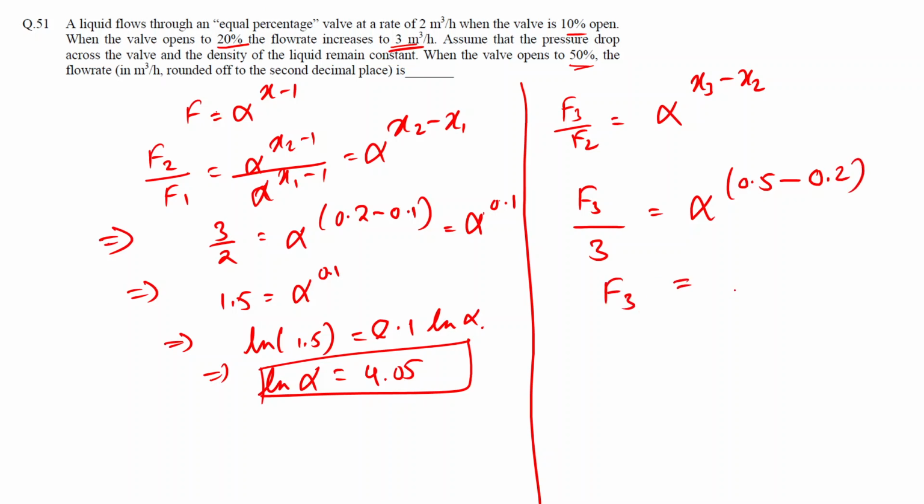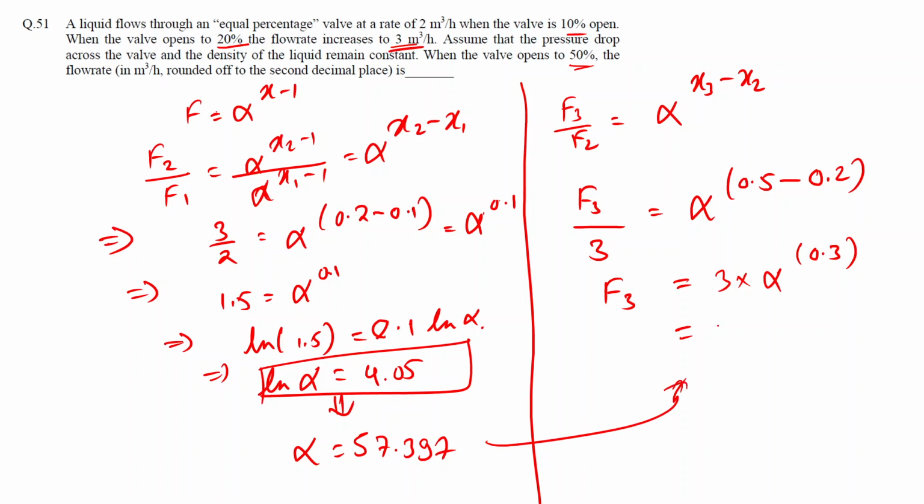That is, you can write f3 is equal to 3 times alpha raised to 0.3. Now alpha from here we can find it as 57.397.